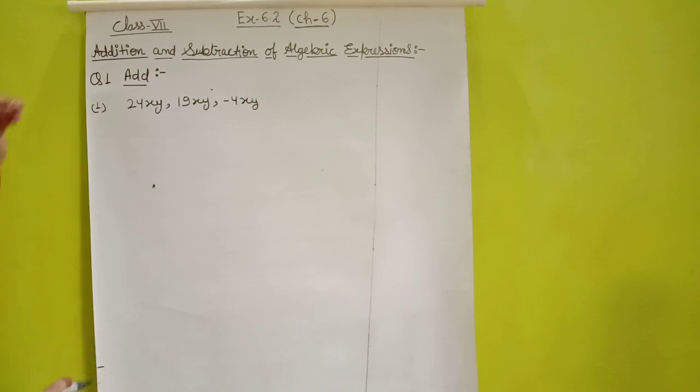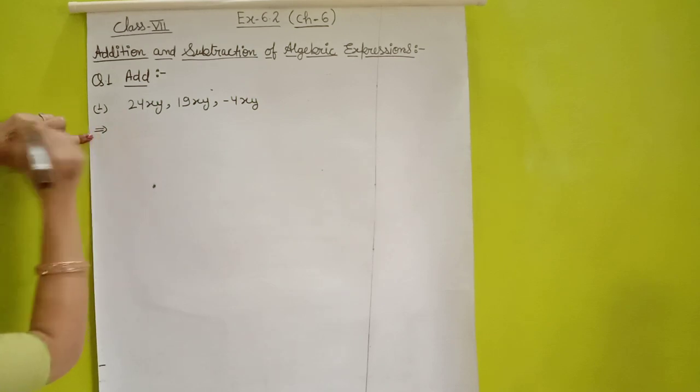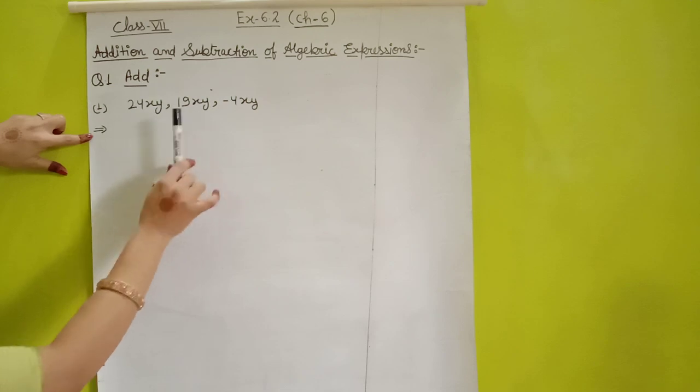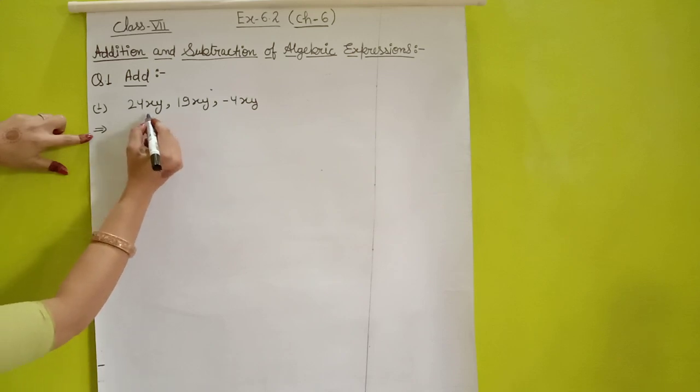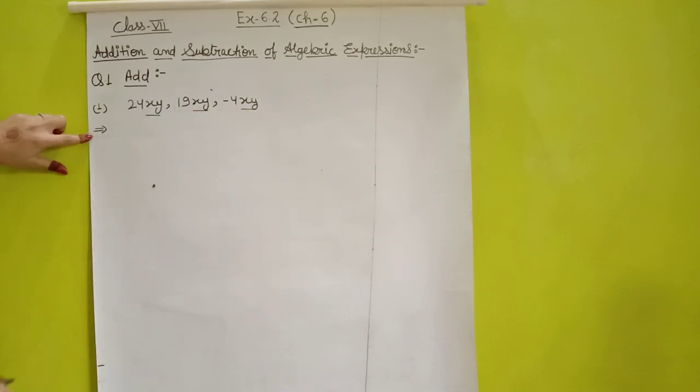First of all, I am going to tell you the rule, how we can add and how we can subtract. For addition and subtraction, we are to check whether the given terms are like or unlike. For like and unlike, you know very well, we check variables. Variables only we will check.